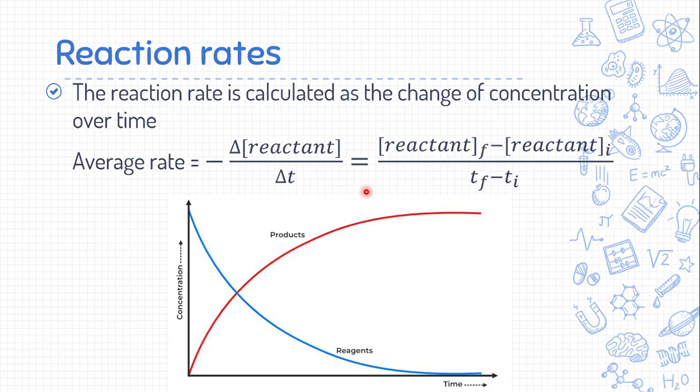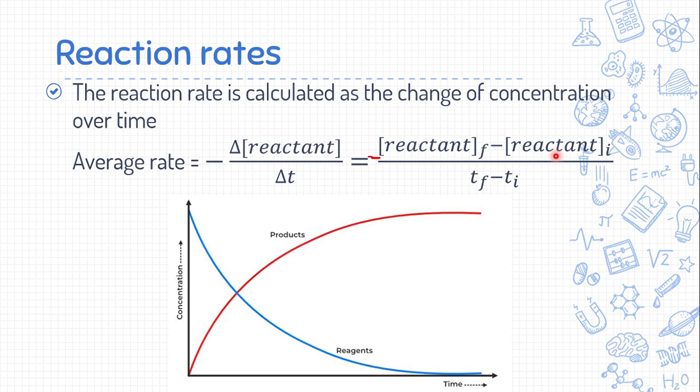In the same way, we could also express rate in terms of reactant concentration. So still you would have final minus initial, but you might have observed, class, that you have a negative sign here. The negative sign is just for us to have an overall positive value. Note that we have shown in the graph that the concentration of the reactants would decrease over time. So the quantity final minus initial concentration, if we're talking about reactants, would be a negative value.